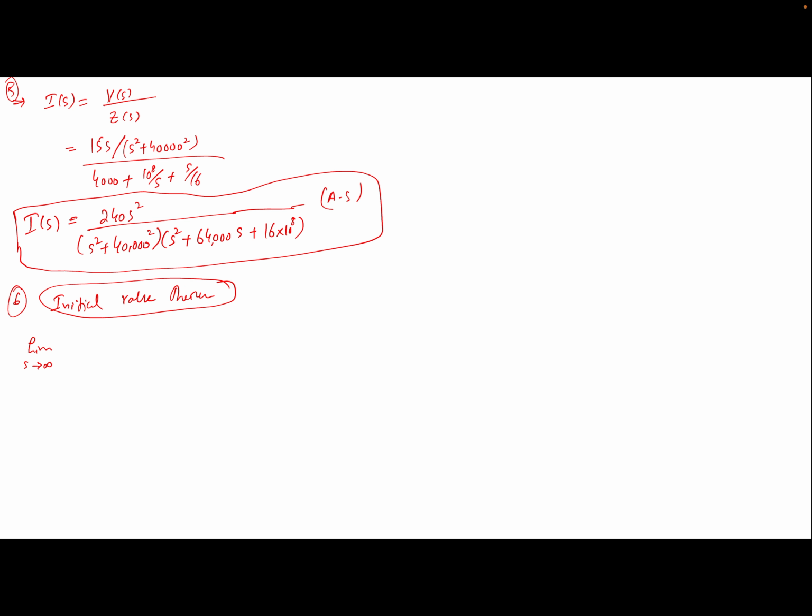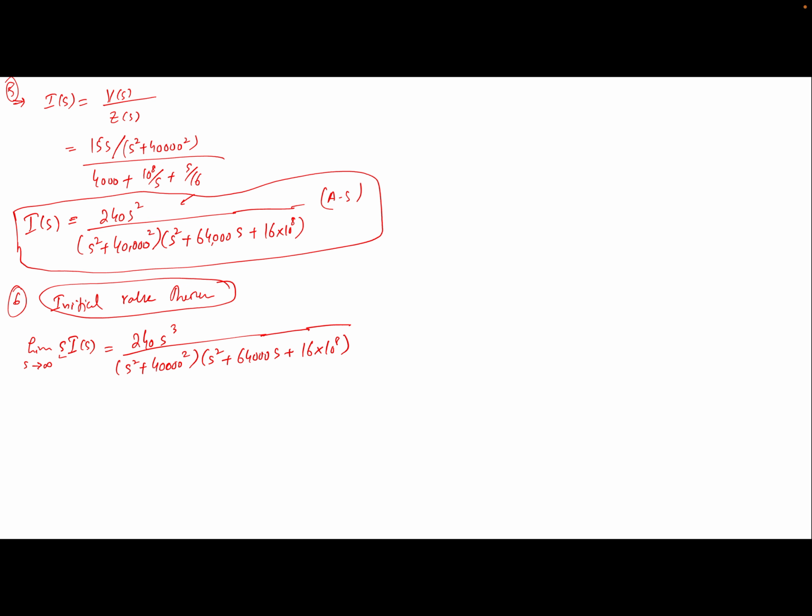In the S domain, we do that by taking S approaches infinity of S times I of S. If you multiply S into this equation, you get 240 S cubed divided by the same denominator, S squared plus 40,000 squared, times S squared plus 64,000 S plus 16 times 10 to the 8.